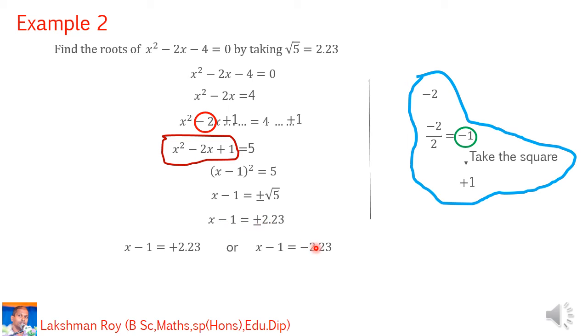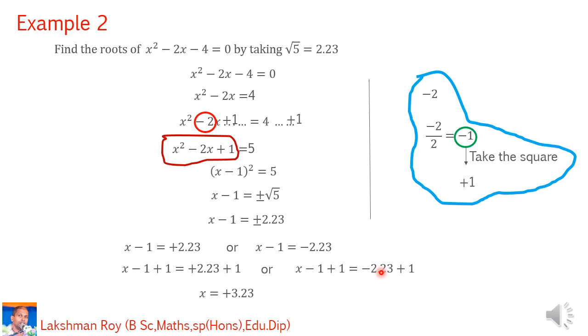Now remove negative 1. Add 1 to both sides. Then negative 1, positive 1, 0. X is equal here to positive 2.23, positive 1. That means positive 3.23, right? This one, negative 1, positive 1, 0. X is there. What happened this side?